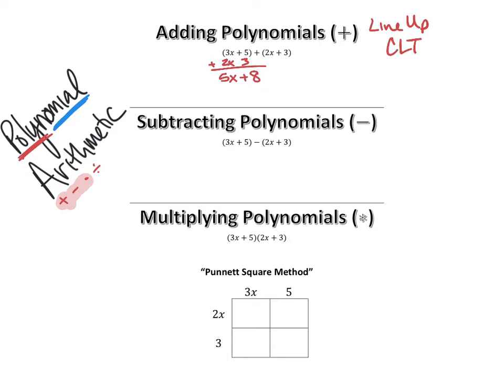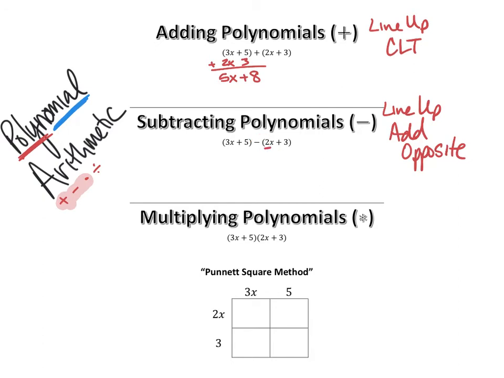Polynomial subtraction, though, is when you line them up, you're going to add the opposite. That's really what subtracting is, adding the opposite. It's as if we're distributing a -1, since there's a -1 coefficient right there in front of the parentheses. So let's add the opposite.